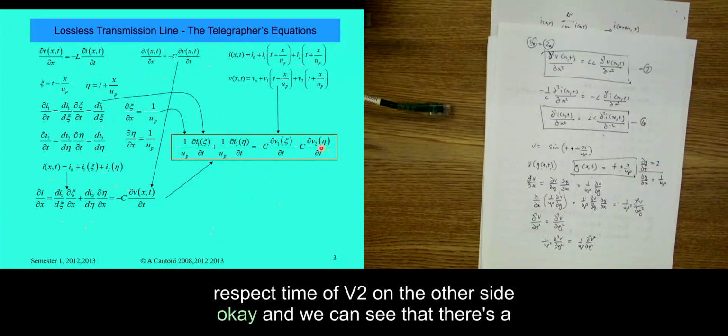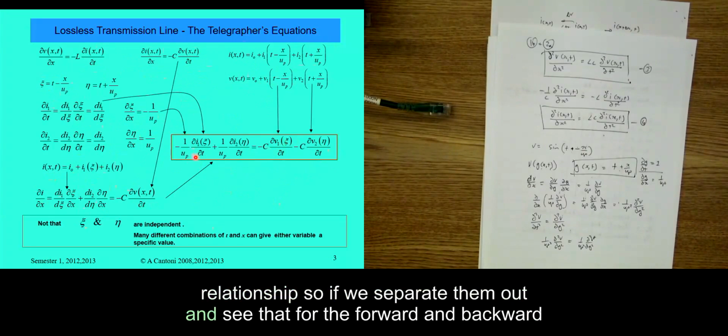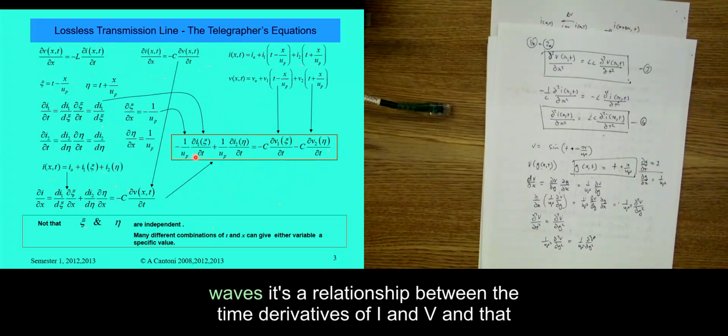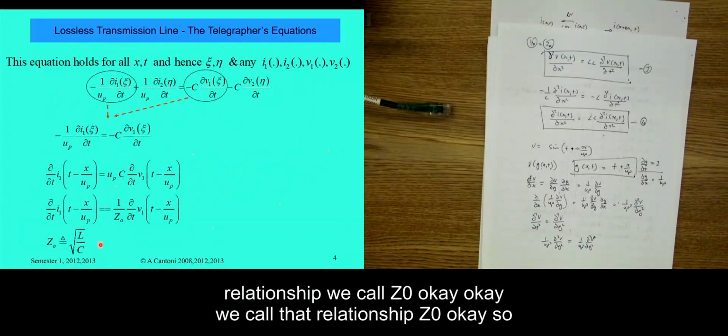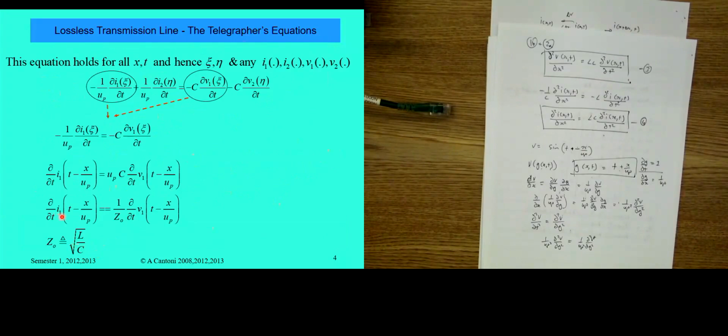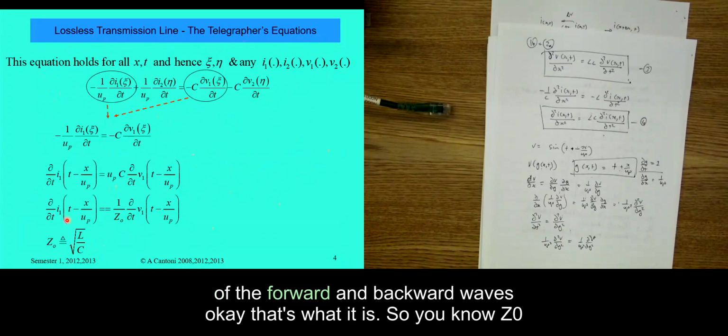There's a relationship, so if we separate them out, for the forward and backward waves there's a relationship between the time derivatives of I and V, and we call that relationship Z0. It's a relationship between the time derivatives of the current and voltage of the forward and backward waves.